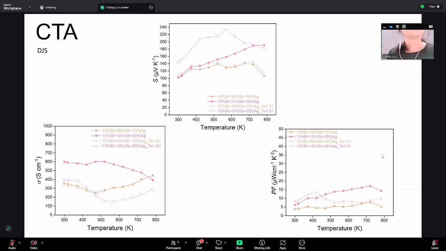So we tried to add 1% of tellurium in these 2 recipes. And we can see, probably because 1% tellurium is too high, it's in the underdoped regime, so the Seebeck coefficient has a peak over 600 Kelvin, and the power factor is still relatively low.